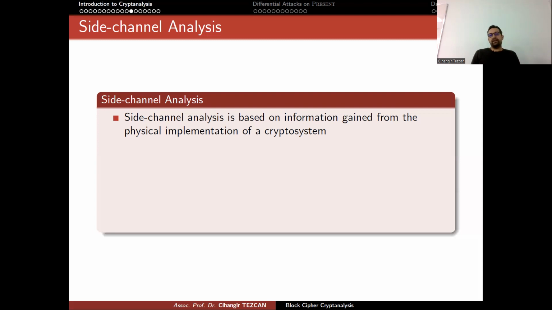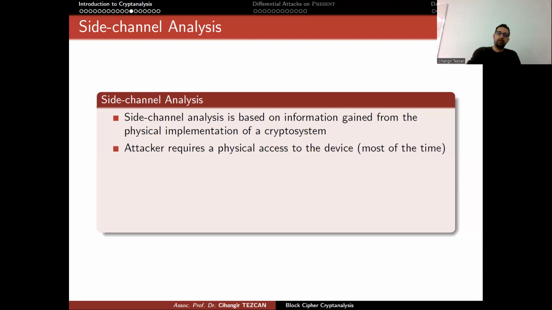So side channel analysis is based on information gained from the physical implementation of a crypto system. Okay. So the attacker requires most of the time physical access to the device, because sometimes you can perform a cache or timing attack from a distance. But if you have physical access, then now you have more information, more environmental data, and so on.